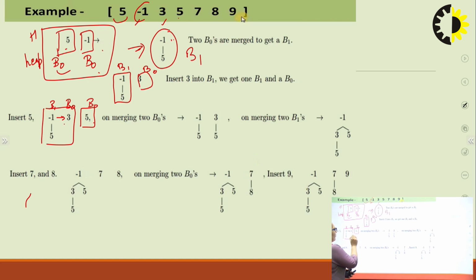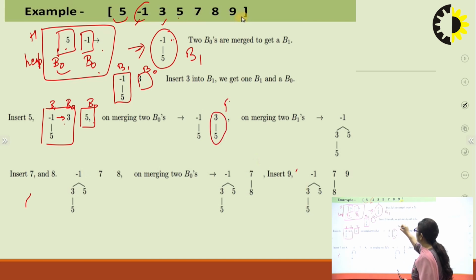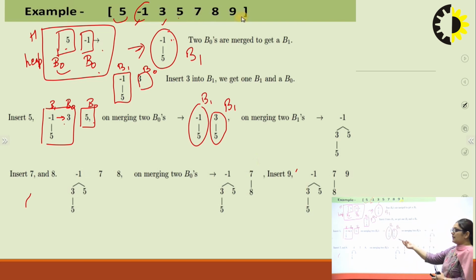Again two binomial trees of the same order, so we have to unite 3 and 5, and after uniting we get a new binomial tree of order B1, and this is the previous binomial tree of B1. Again there is an issue. Now we have two binomial trees of the same order.